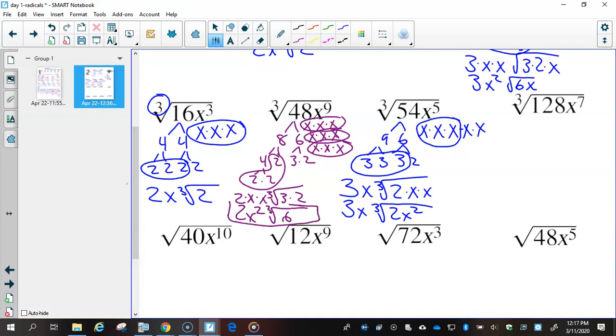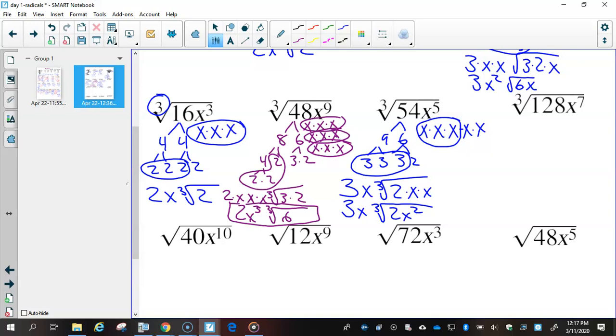So would it be there's 3 x's. Yeah, I just missed one. That's what it was. There you go. 2x to the third times the cube root of 6.